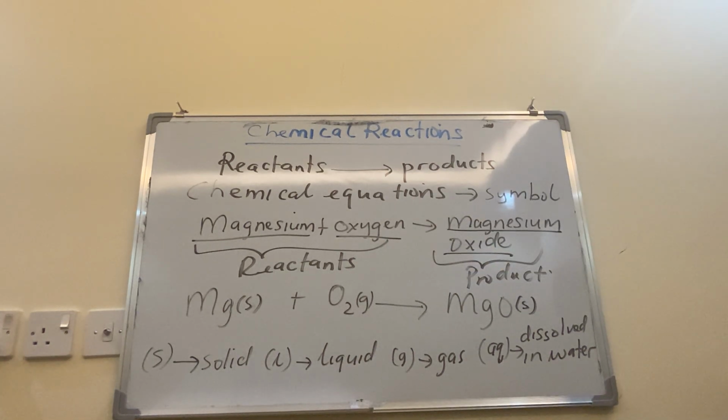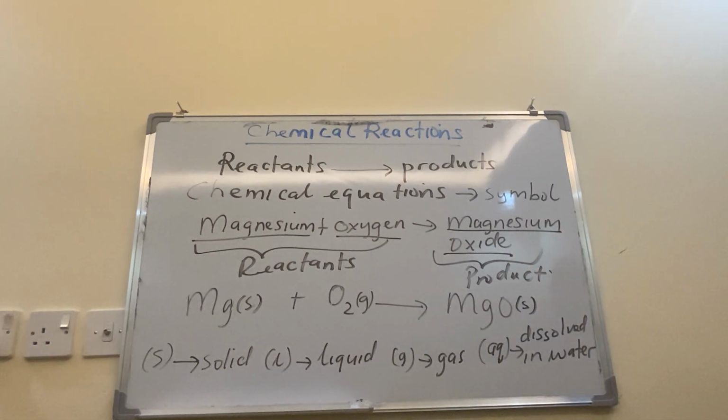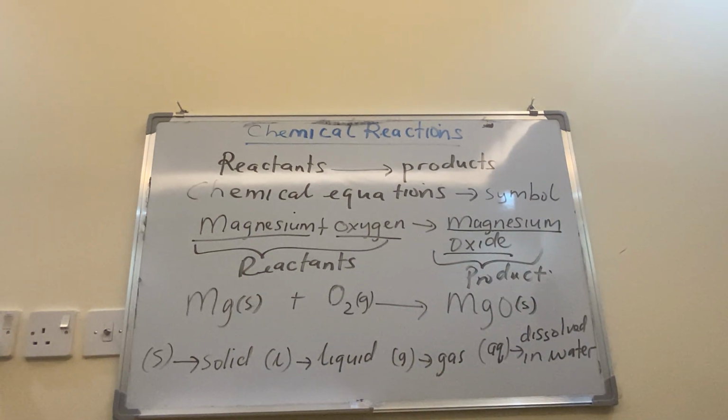We also need to show the relative quantities that are present. In any chemical reaction, we need to obey the law of conservation of mass. You see here we have 2 atoms of oxygen, but there we have 1 atom of oxygen. So we need to put coefficients, or numbers, before these substances to ensure that the number of atoms on either side of the equation are equal.